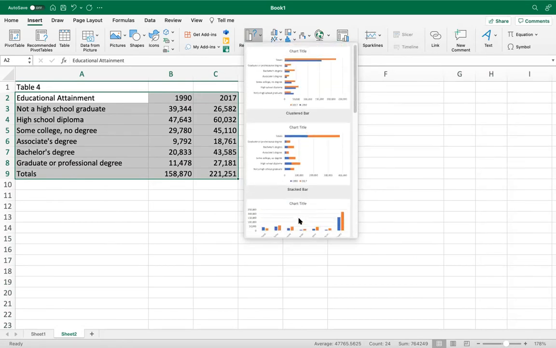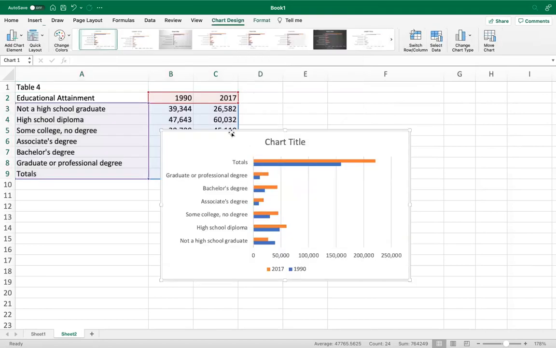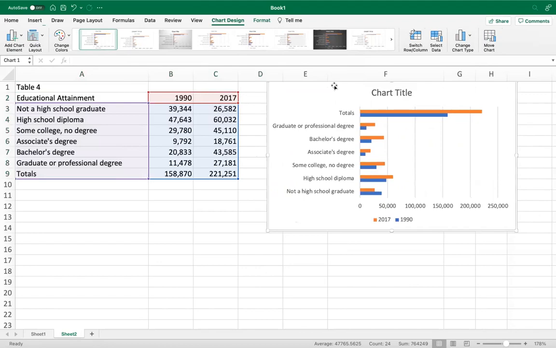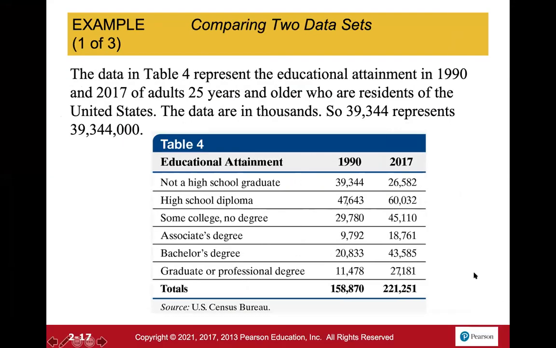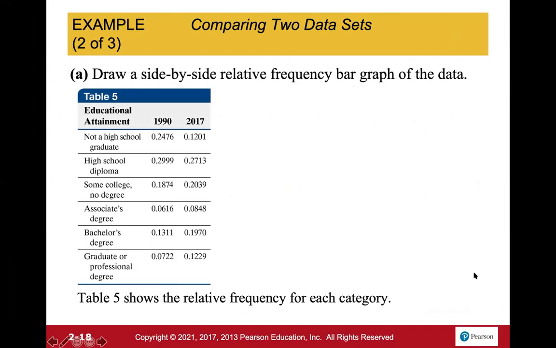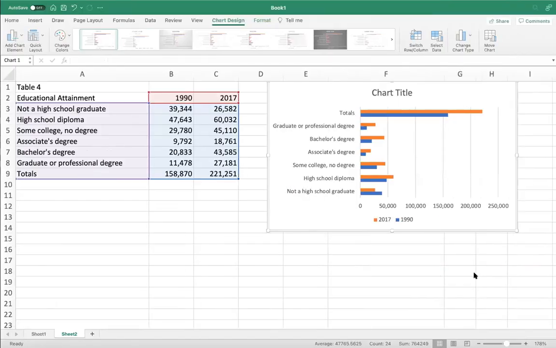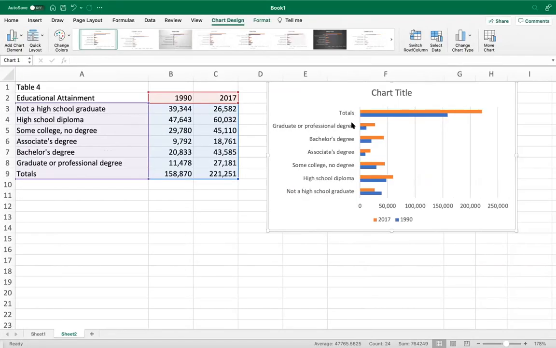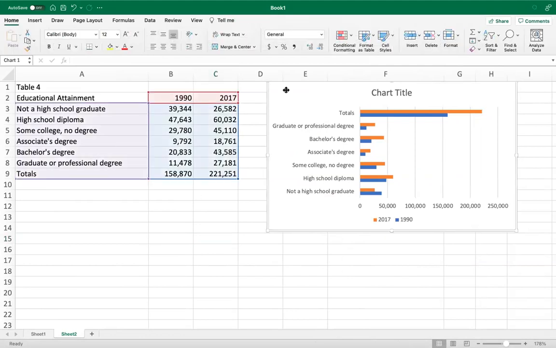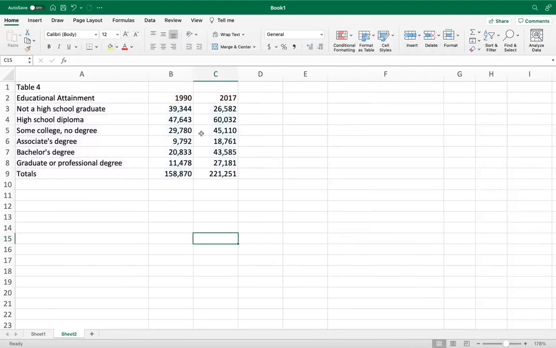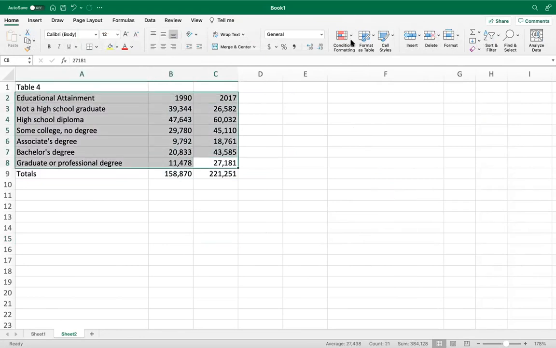There's a couple of different graphs that we could choose from. Let's go with this one. So here we're able to see it a little bit differently. What they are going to do over here is probably do it vertically, like I said earlier. But here we go. So totals, you know what, let's maybe cut that one out and just look at this data here.